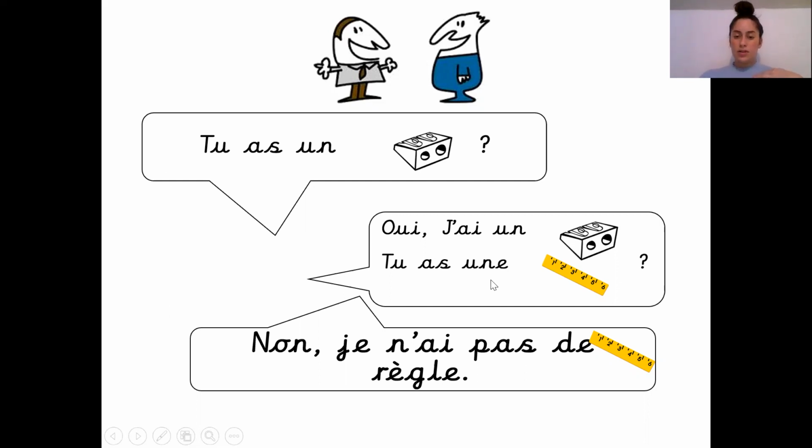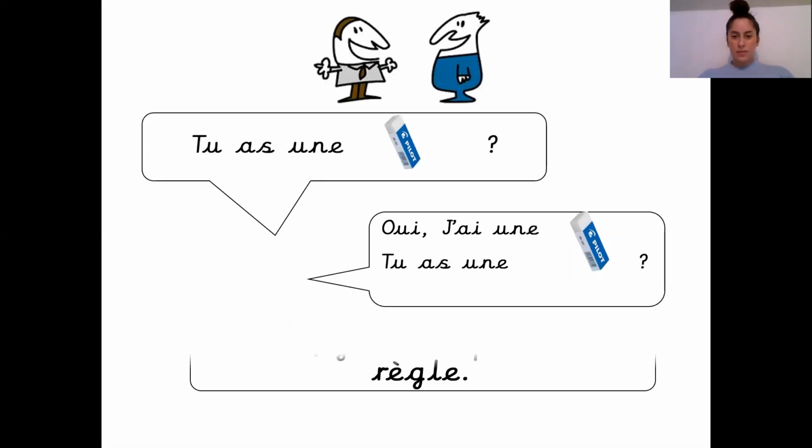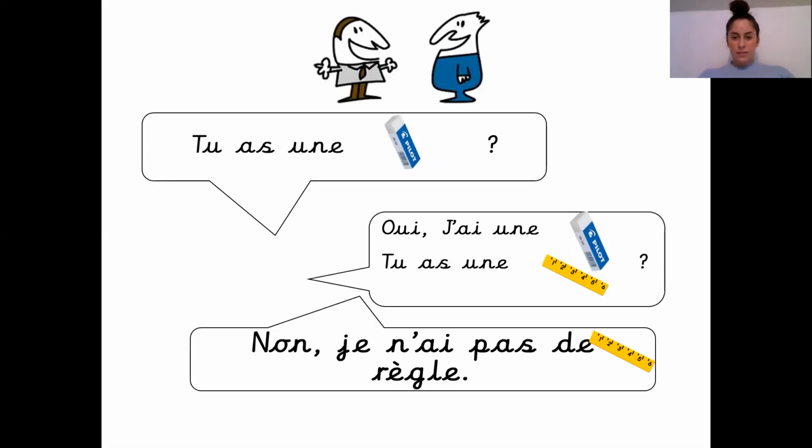Here, another question. Tu as une règle? Oui, j'ai une règle. Or, what's written here? Non, je n'ai pas de règle. Let's have a go at another example. Tu as une gomme?